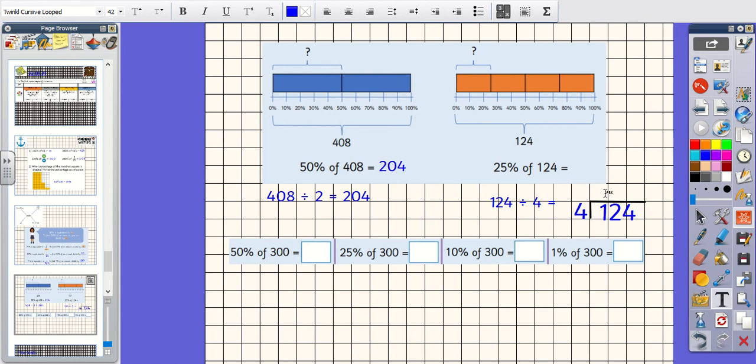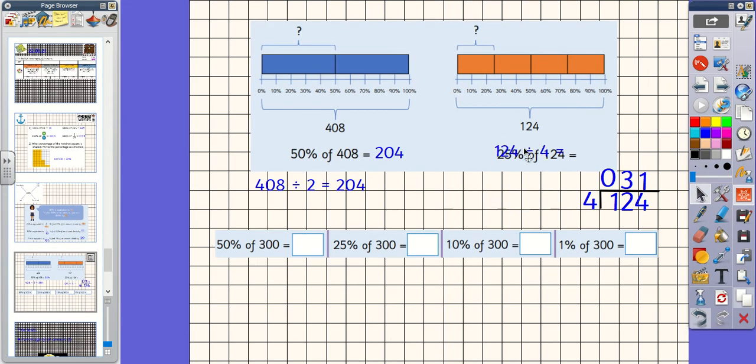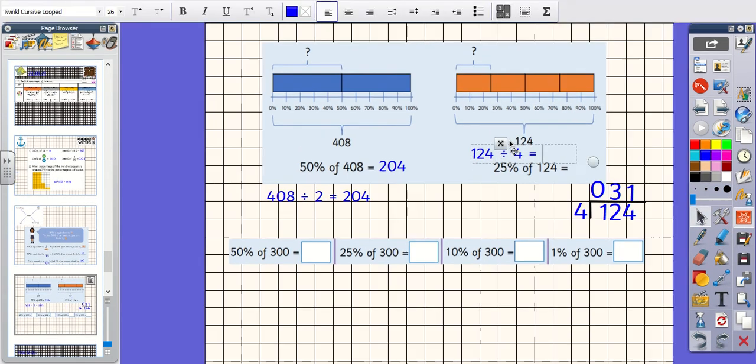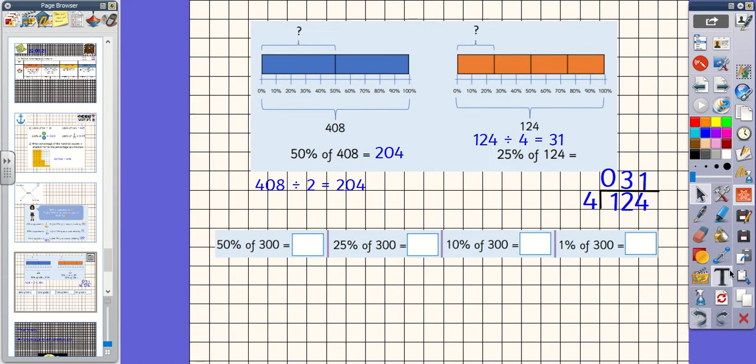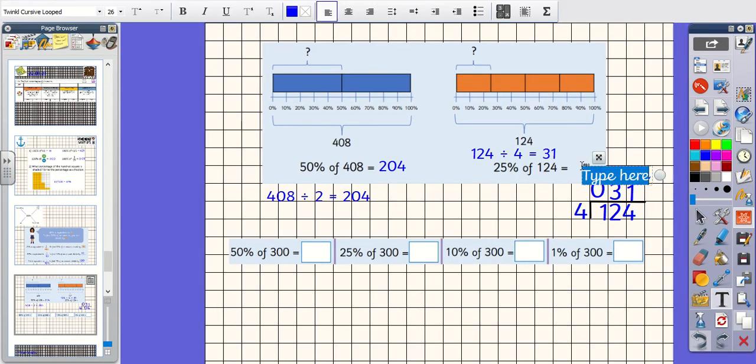That is 0. Can't forget about that 1. So how many 4s go into 12? 4, 8, 12. That would be 3. And how many 4s go into 4? That would be 1. So, going back to this question here, 124 divided by 4 would be 31. So that would give us the answer. 25% of 124 would be 31.